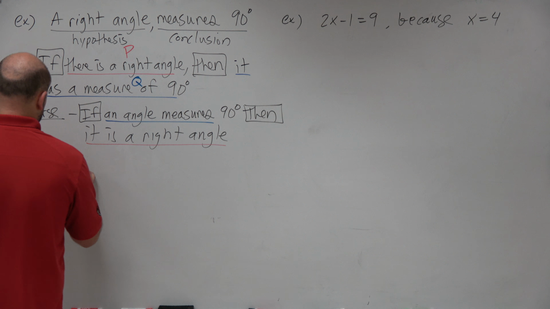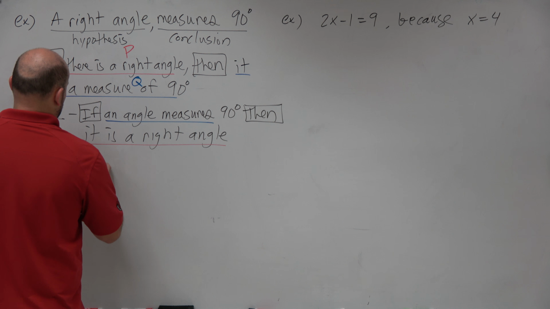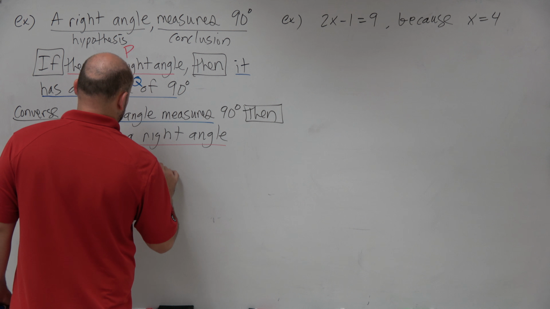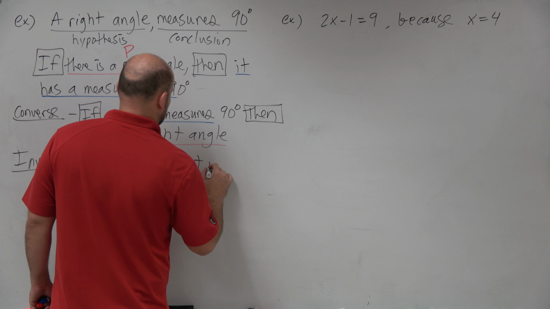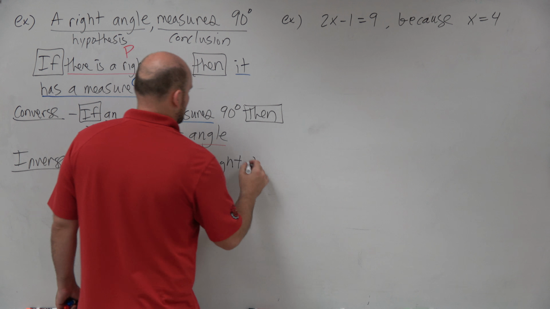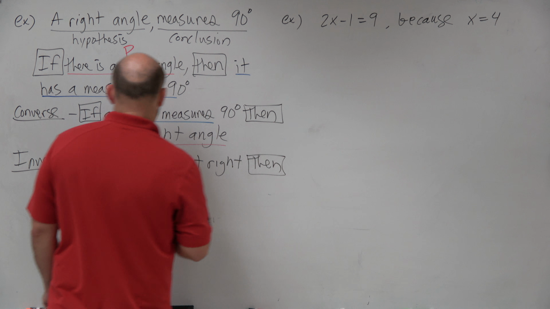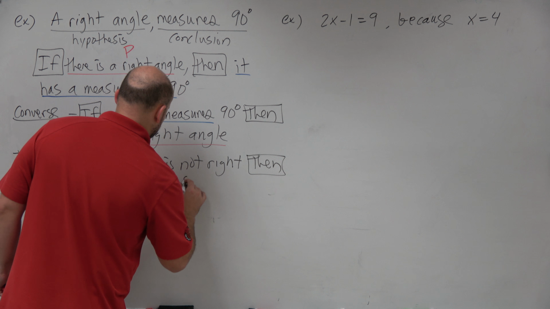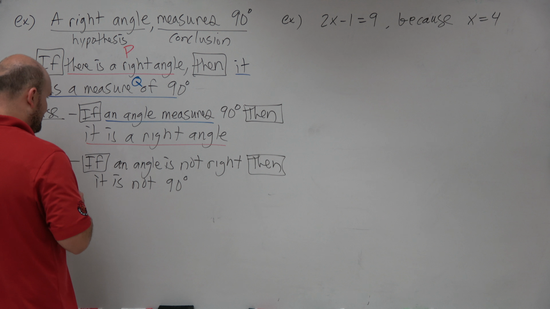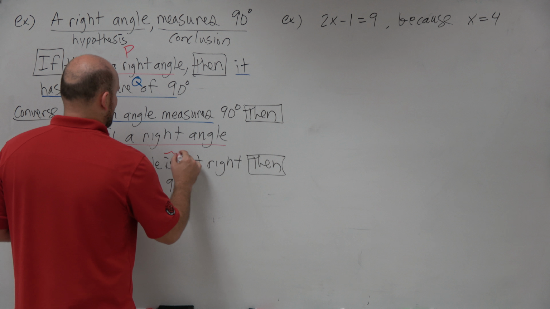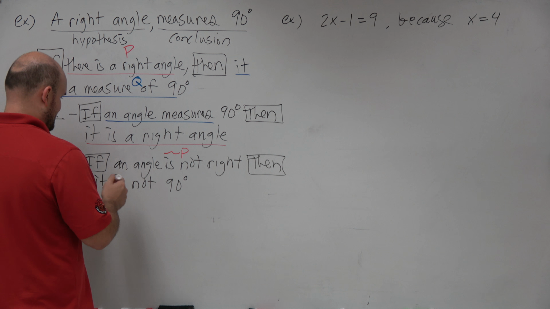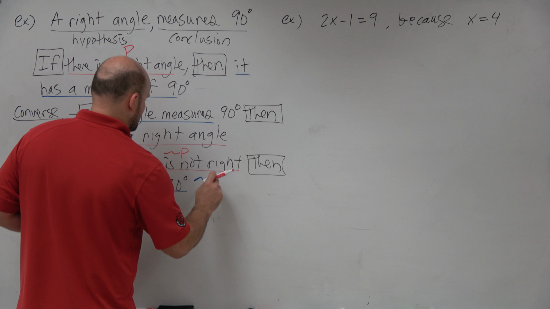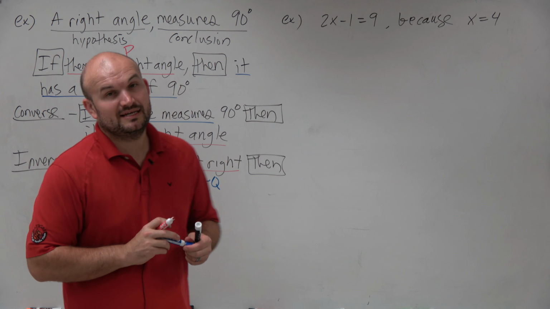So in this example, we could say, if an angle is not right, then it is not 90 degrees. You can see I did the opposite of P, and then the opposite of Q. And that is the inverse.